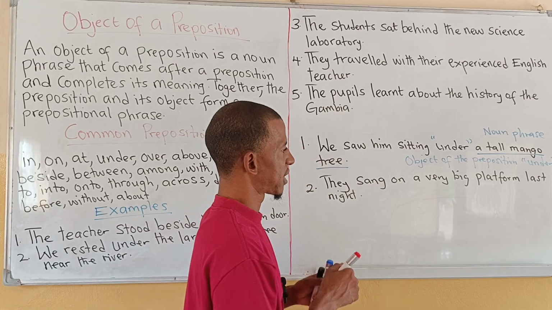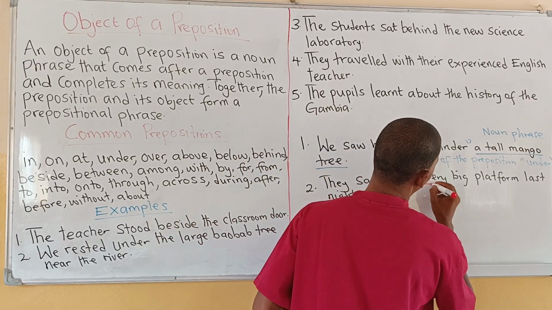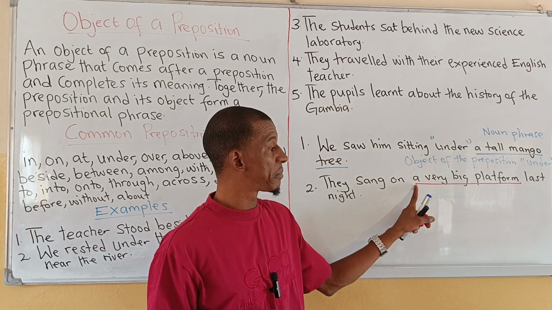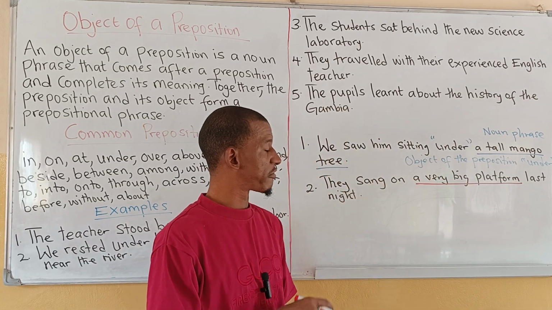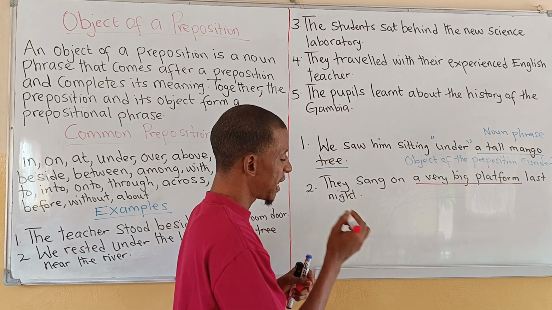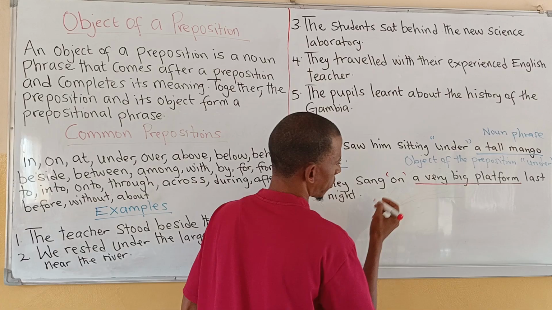What is our noun phrase? Our noun phrase is this, on a very big platform. Okay? A very big platform. Now, do you have a preposition before the words on the line? Yes, this is our preposition on.